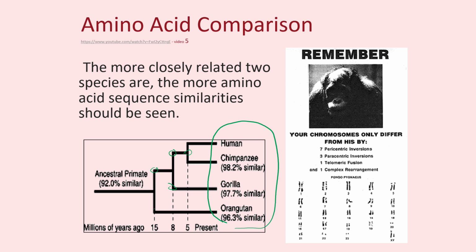So again, we have the closest similarity with the humans would be the chimpanzee since it branches off here. Then the next would be the gorilla with the human or chimpanzee, and then the orangutan.